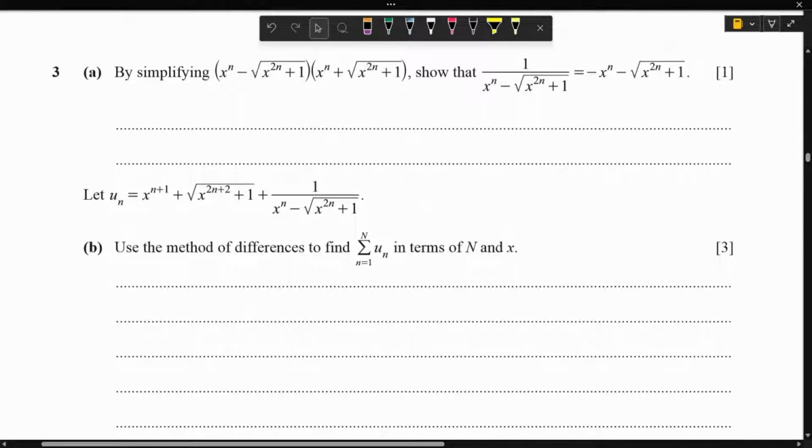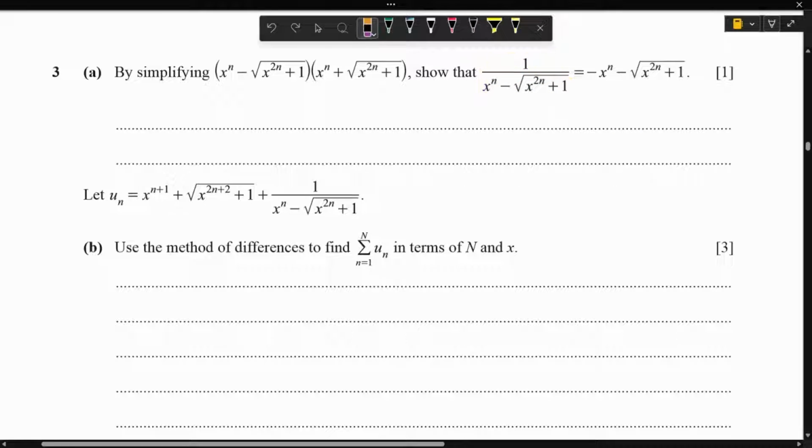On number 3, they say by simplifying 1 over (x to the n minus root of x to the 2n plus 1), show that 1 over (x to the n minus root of x to the 2n plus 1) is equal to minus of (x to the n plus root of x to the 2n plus 1). Alright. So with what we have been given, we can multiply numerator and denominator by the conjugate of the denominator.